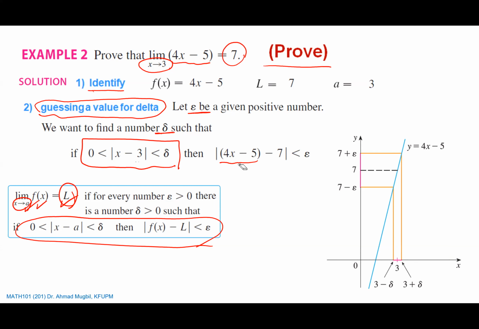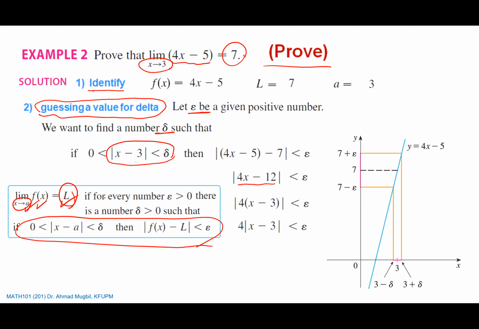So you will start with this. You will try to simplify now. What do you have here? You have 4x minus 5 minus 7, it will be 4x minus 12. Now keep in mind that this is your target, Shabab. This is our target. So what can I do here? I will take 4 as a common factor and bring it out of the absolute value. Exactly. Now divide both sides by 4.